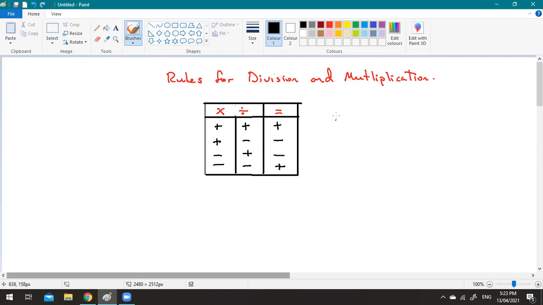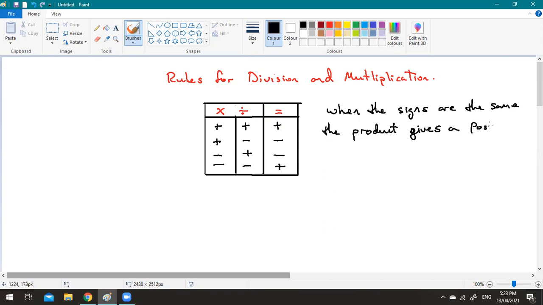So what we really see is that when the signs are the same, the product gives a positive answer.